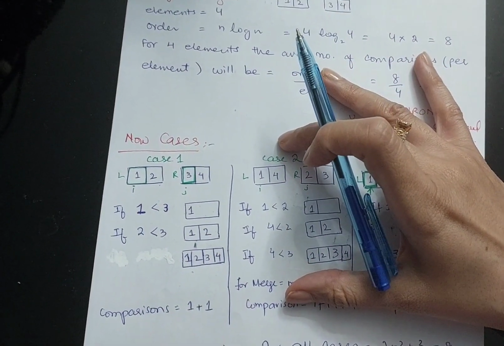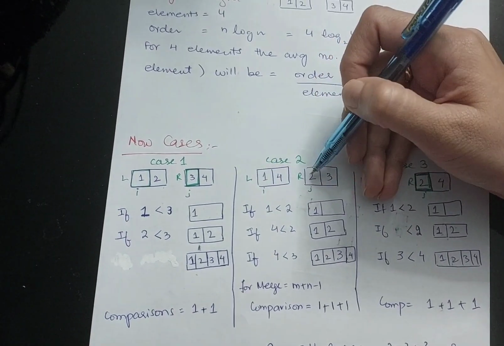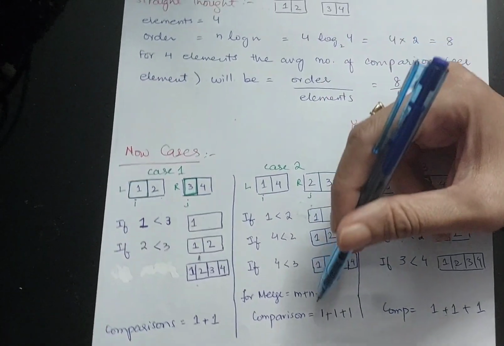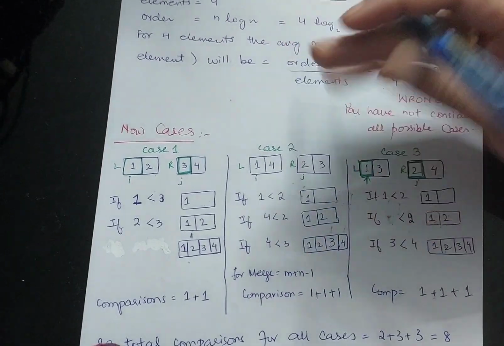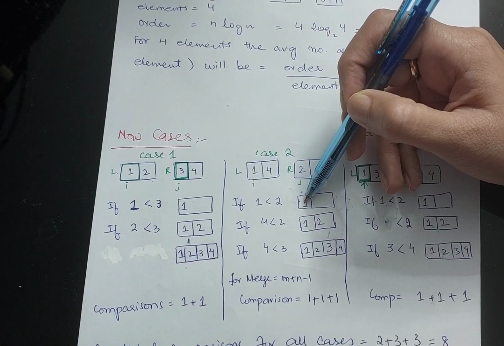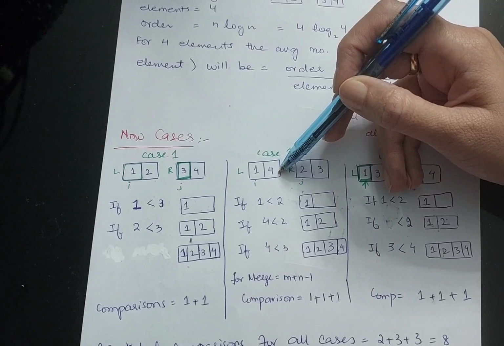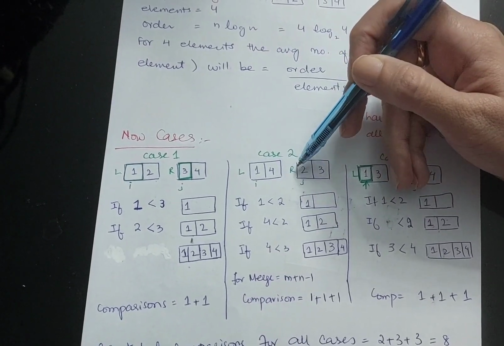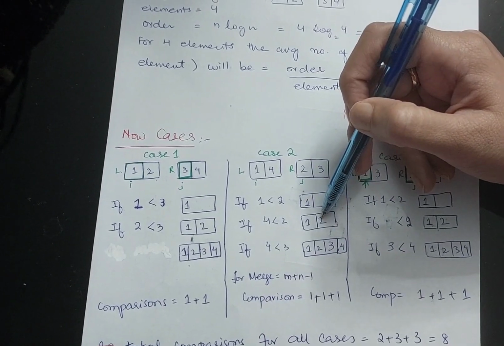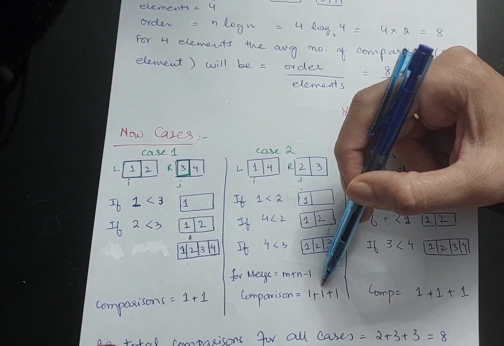Now consider case number 2. I am placing a pointer here and a pointer here. When I compare 1 with 2, this is my first comparison. 1 is smaller than 2, so I will place 1 into my sorted array and move the pointer to the next location. Then I compare 4 with 2, and of course 2 is smaller, so I will place 2 into my sorted array, and this is the second comparison.